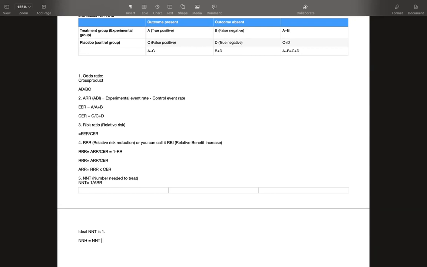The number needed to treat becomes the number needed to harm. If the event is harmful, then NNT would become NNH. What is NNH? Number needed to harm. Is it clear? Perfect.